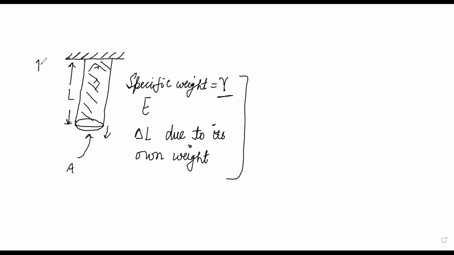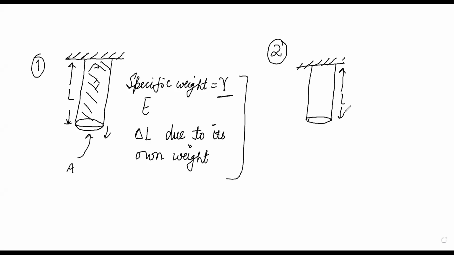That is question number one. The second question that you have to do is, you have again a rod of length L and area of cross section A. It is subjected to a force.